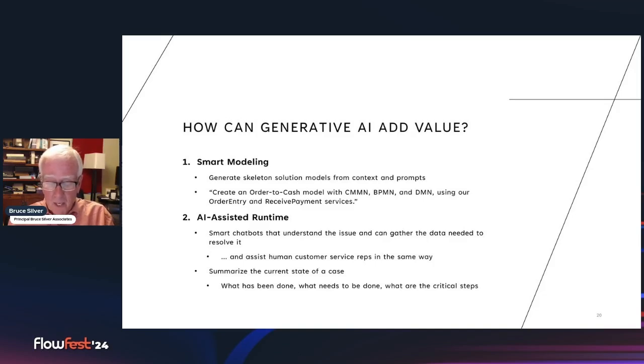Here are a couple ways it can do that, both at design time, what Flowable calls smart modeling, and at runtime. First, smart modeling. I've mentioned the value of a single platform for solutions that combine CMMN, BPMN, and DMN. We need to remember that these are three different languages.